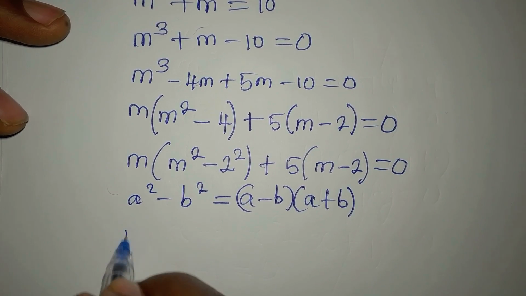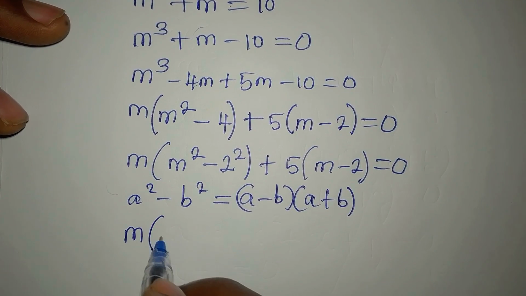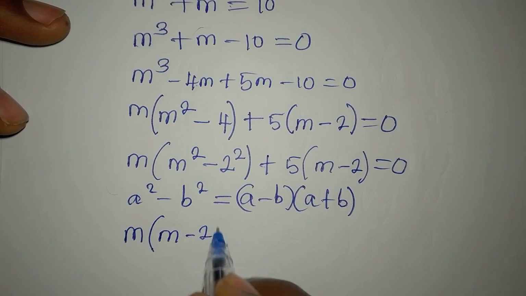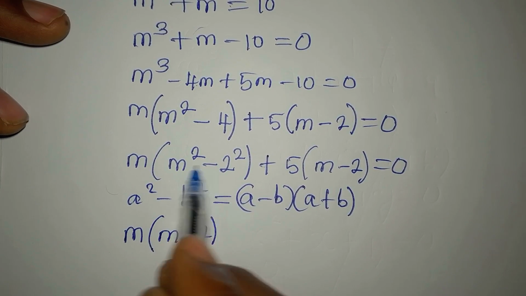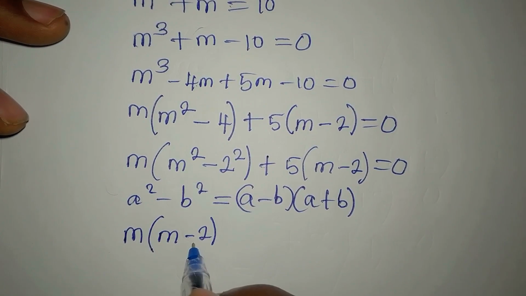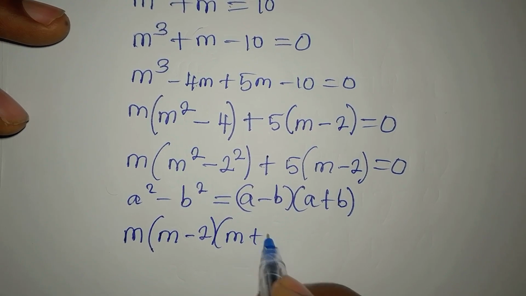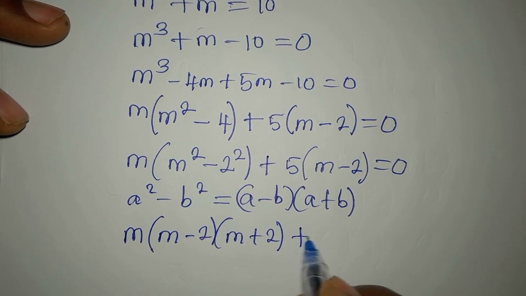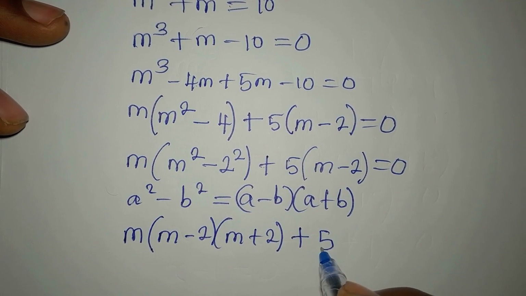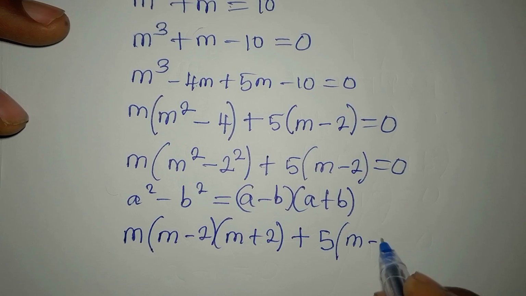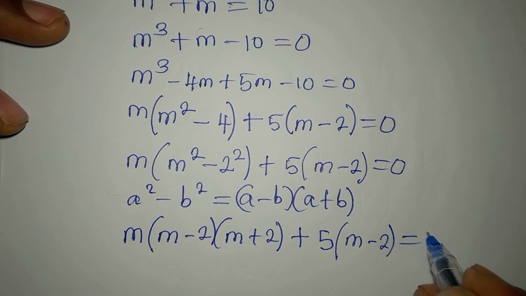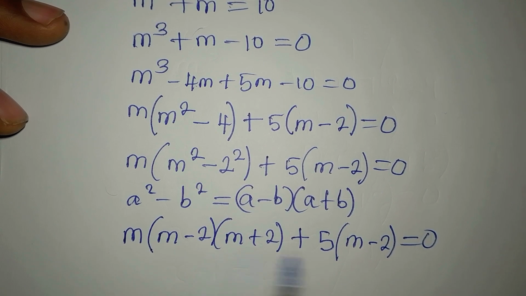So now that means that we have m into m minus 2. For this one here, we have m minus 2 into m plus 2. Then plus, I'm going over to this, write 5 into m minus 2. Everything is equal to 0. Now, there's the same thing common to them.